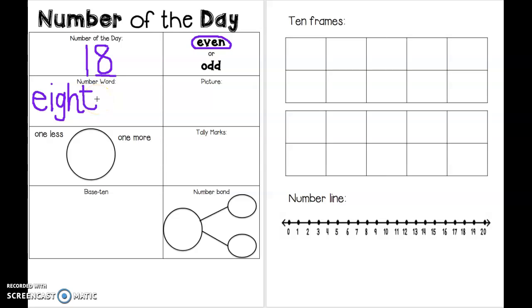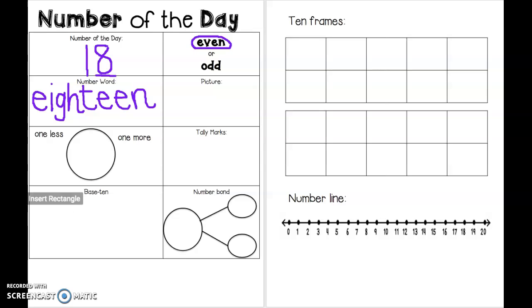Just like we spelled with 15, 2 vowels go walking, and the first does the talking and says its name. So the 2 E's together make it say E. So 8, the number 18, EIGHTEEN.